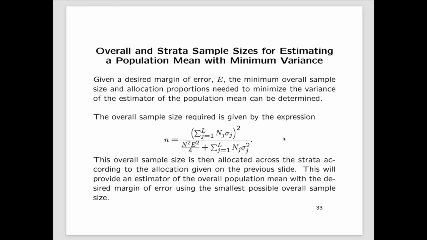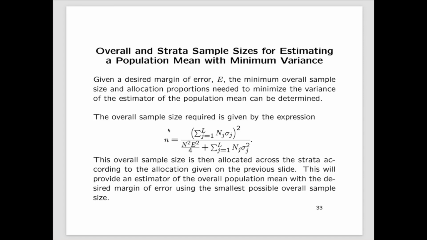And notice that this formula for n does not involve the allocation ratios. Right? It involves only the strata sizes, the strata standard deviations, or the strata variances, and the overall population size, which is the sum of the strata sizes, and then the desired margin of error.